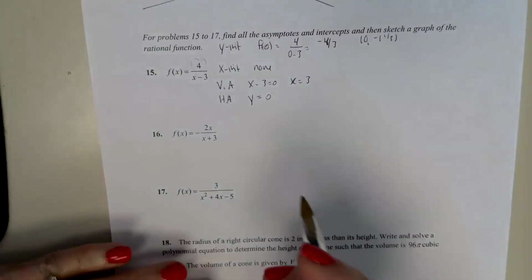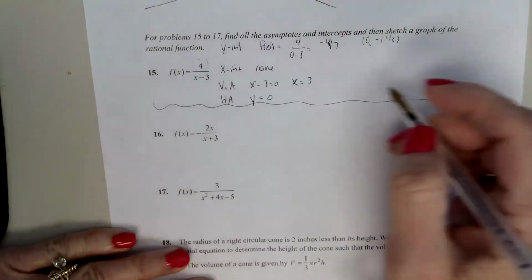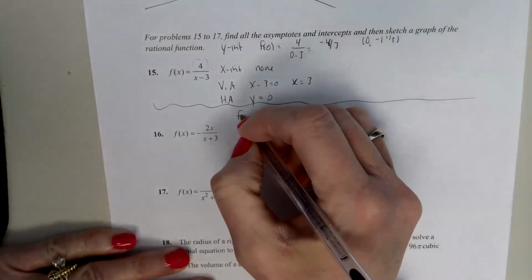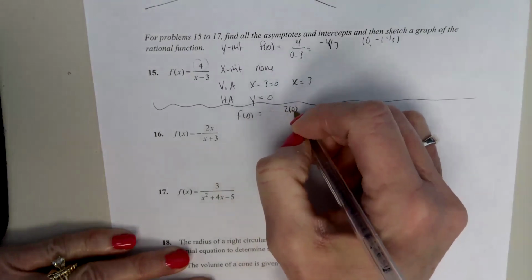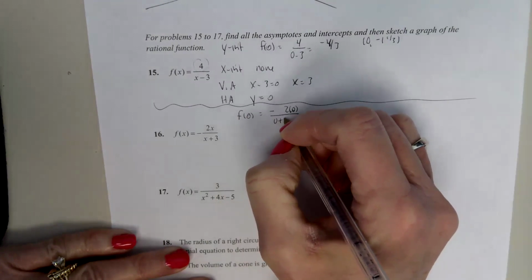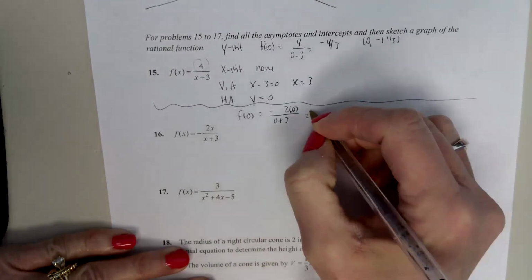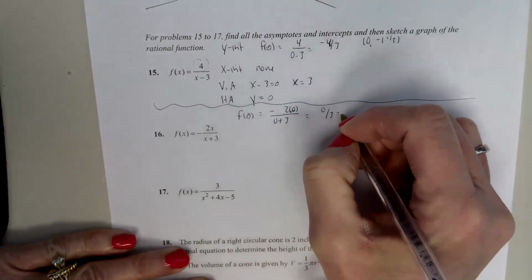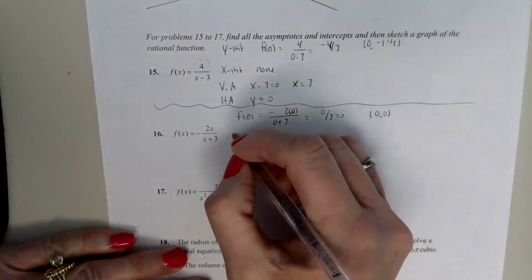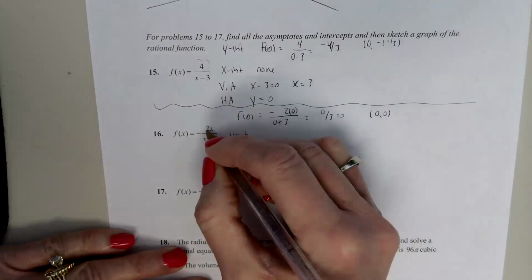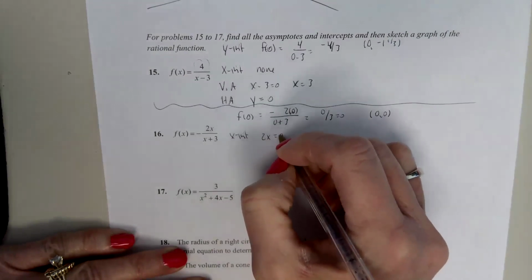Okay, number 16. Let's look at the y-intercept. So f of 0 is 0/3, which is 0. So we have that point. And then my x-intercepts are where my numerator equals 0.